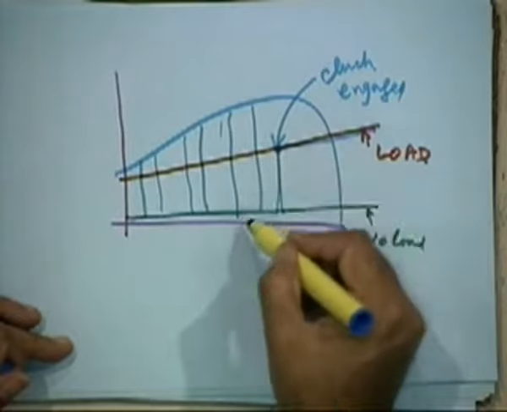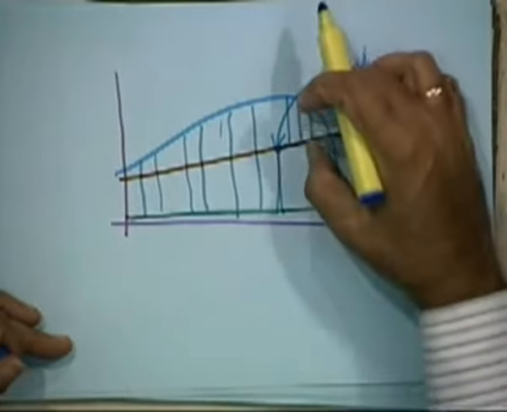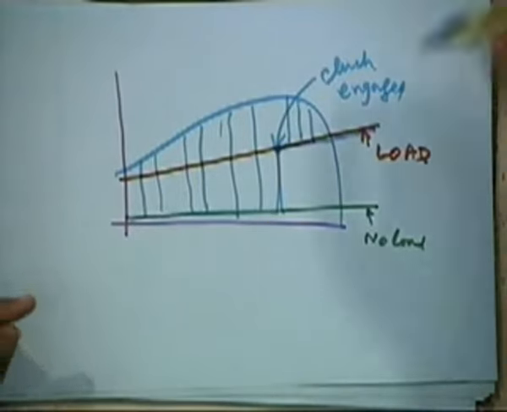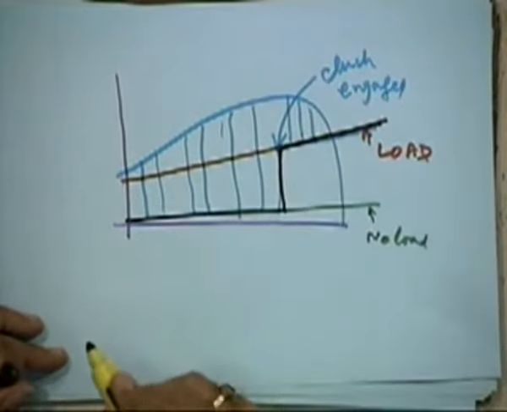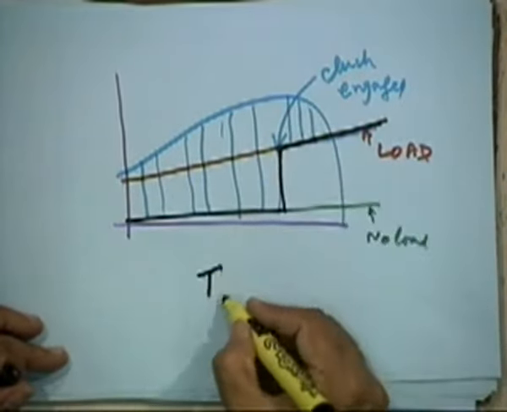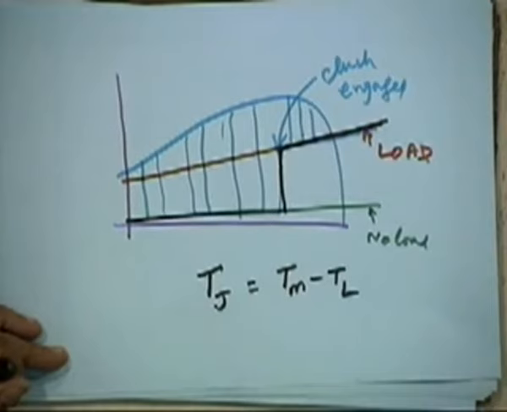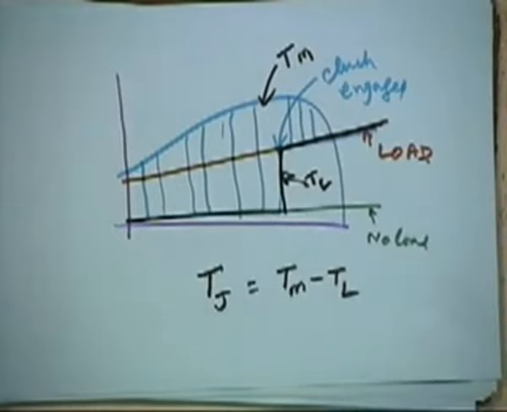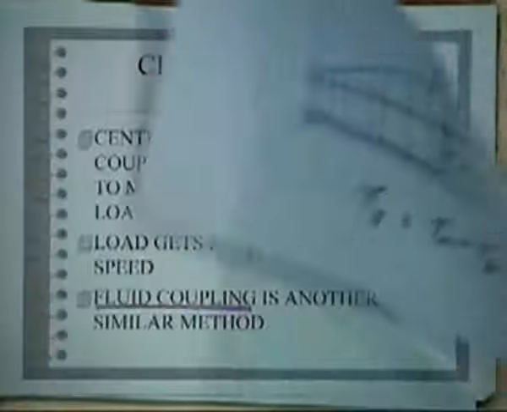It is the motor torque minus the load torque, but here the accelerating torque will be smaller, because your opposing load torque follows this path: initially this, then it shifts here and goes there. So your accelerating torque will be T motor minus T load. You have a controlled starting that is possible, through a very simple mechanical process. So this we call the clutch starting.